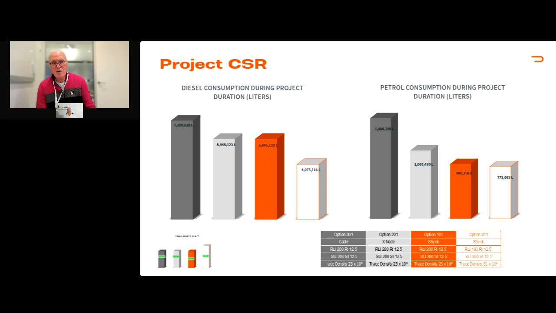But if that allows us to go faster, the overall consumption is going to be lower. And of course, having fewer heavy trucks would also contribute to reducing this impact. And it's pretty obvious from this graph what we can achieve using this type of equipment.